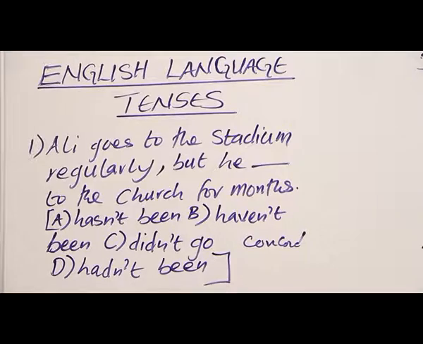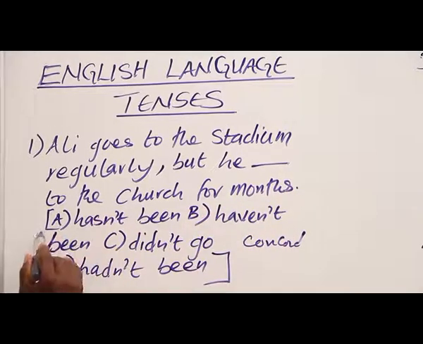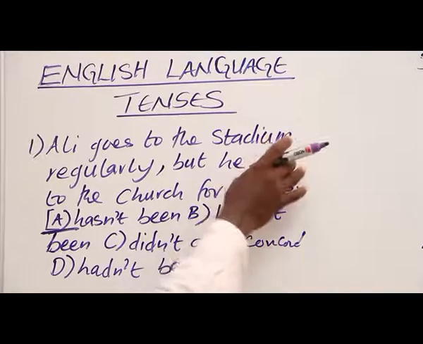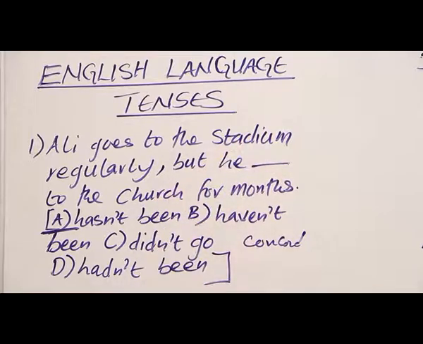Can't say he have. So that removes B. Our answer therefore becomes A. Ali goes to the stadium regularly, but he hasn't been to the church for months. Still hasn't been to the church for months. So it is the present form that fills here, and of course has should agree with he instead of have. So you can see the reason why we have taken A as our answer.